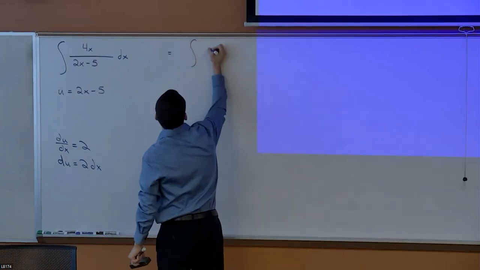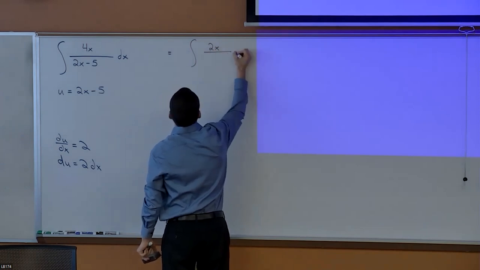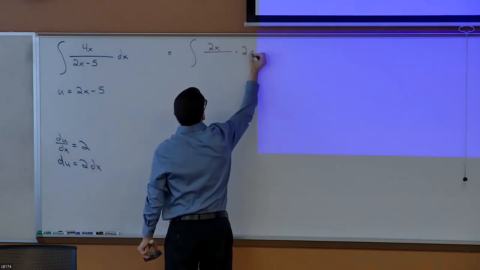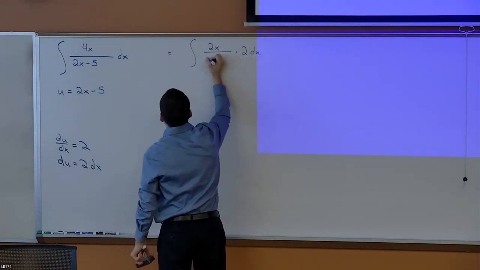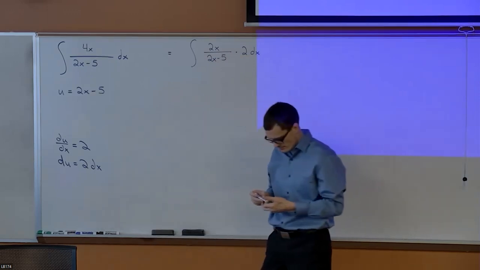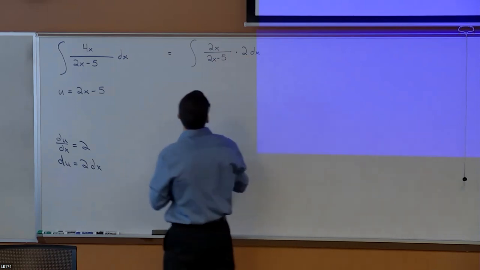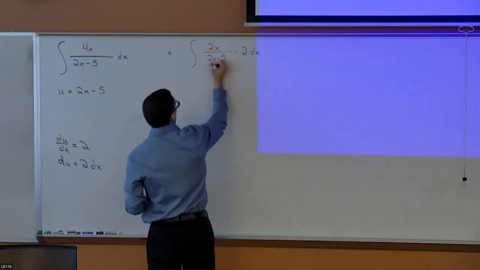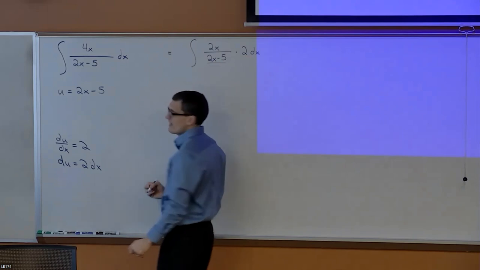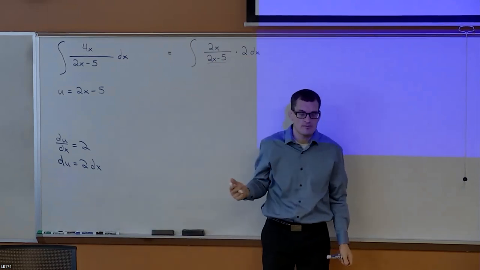So we're gonna do 2x on top, and then I'm gonna factor out a 2 and place it with the dx right there. Now this 2x minus 5, that's gonna get replaced with the u.